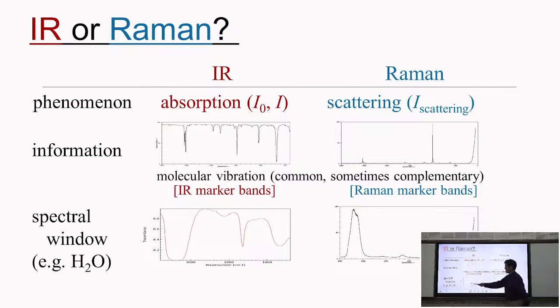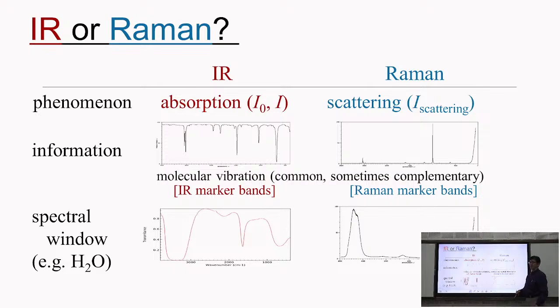And the spectral window is broader in Raman spectroscopy in aqueous solution, in the study of biomolecules, because OH stretching is quite large, so it covers this region. And you know, OH bending is also large.